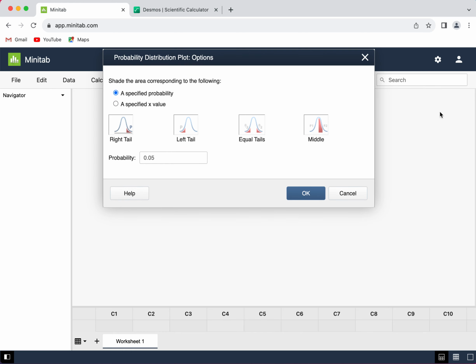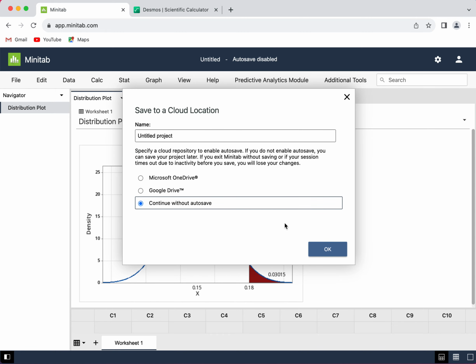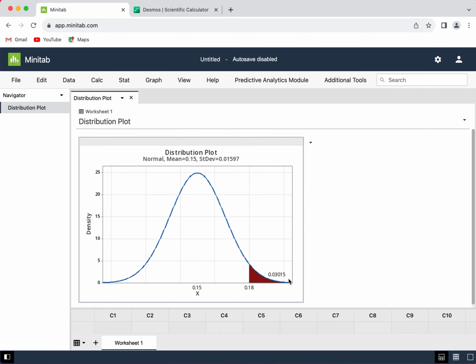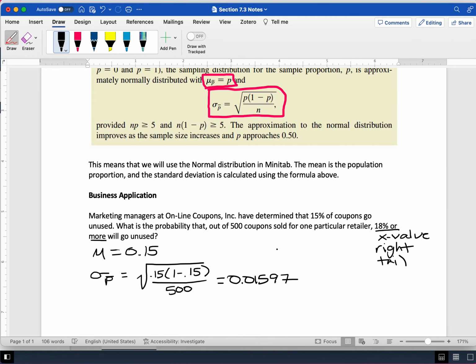Click on Options, and we are doing right tail, specified x value, and that x value is 0.18. So here's my probability, 0.03015, or a little bit over 3%. So that's my answer to the question.